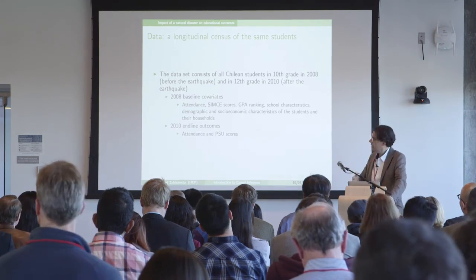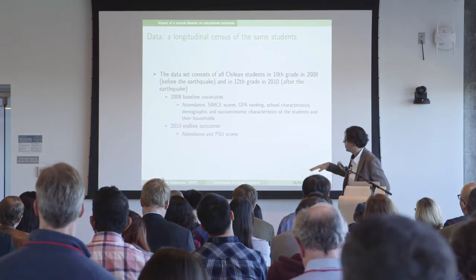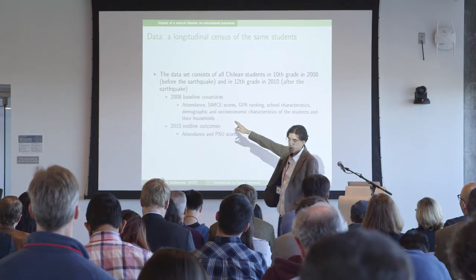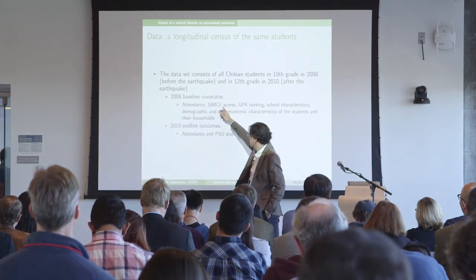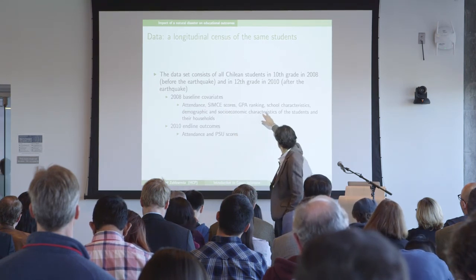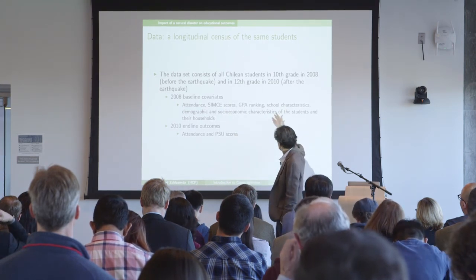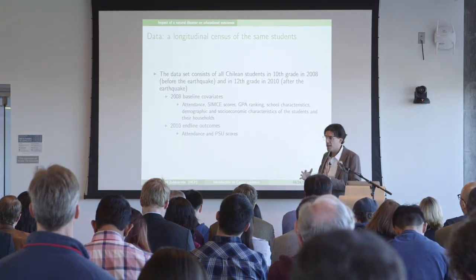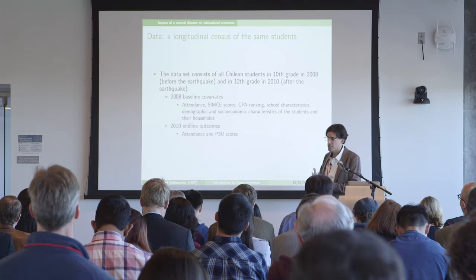In baseline, in this administrative data set, we have a very rich set of covariates, like the attendance of the students to school, their test scores before the earthquake, their GPA, school characteristics, socioeconomic characteristics of the student. We have the income of the parents, the education of the parents. We have a very rich set of covariates to adjust for.